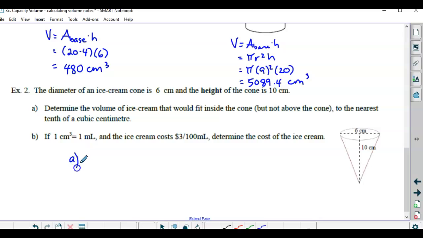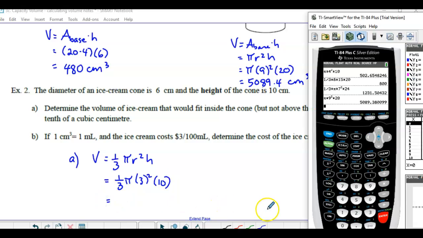So for part A, we're going to have volume equals 1/3, and then the base is pi r squared, times the height. For a cone, it's always the same. So 1/3 pi, the radius here is 3, and the height is 10.